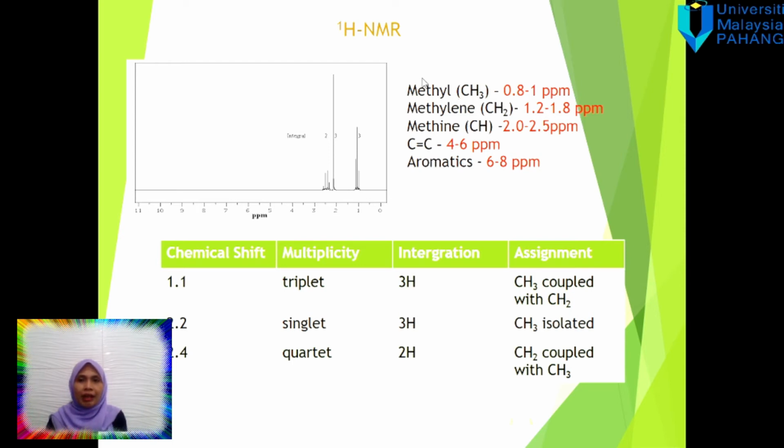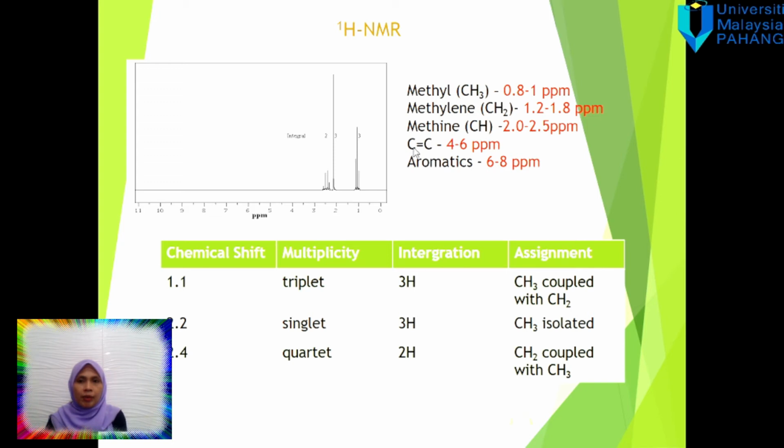Without referring to the table in the appendix in any of your assessments, you can easily recognize these three signals. CH2 is always present in 1.2 to 1.8 ppm. Methine is always present in 2.0 to 2.5 ppm. Always remember these three signals because they will be used in the problem solving part.